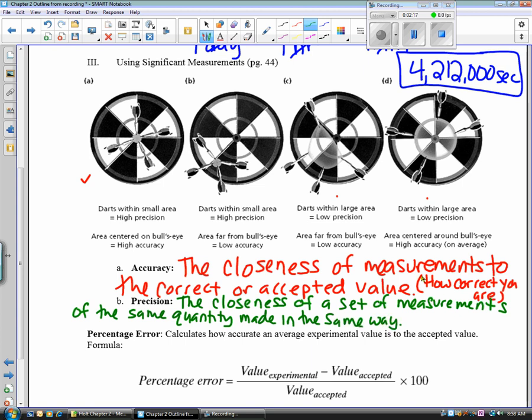So it's basically how consistent you are. Consistency. So it's how consistent you are with your measurements. You can be consistently wrong. So that's how you can be precise but not accurate.